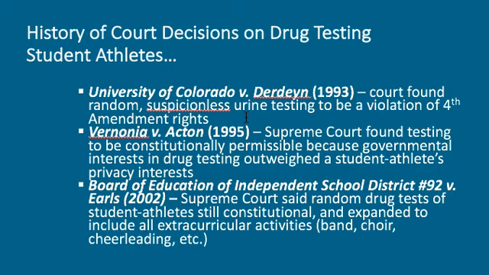So you can see in 95, this is a pretty major Supreme Court decision that set a massive precedent where they shifted gears and said actually drug testing can be permissible because the government interest here outweighs the student athlete's privacy interests.